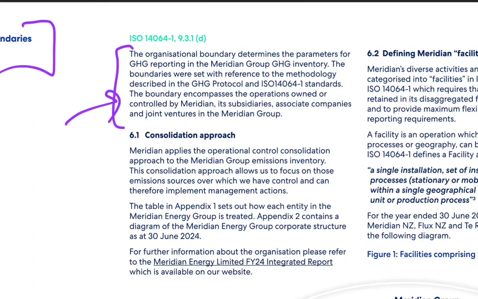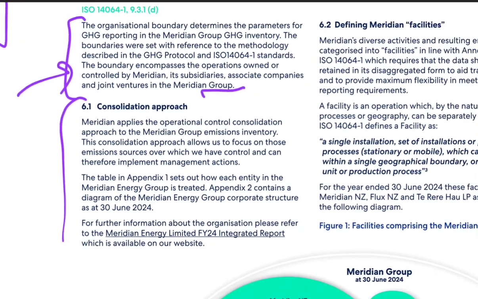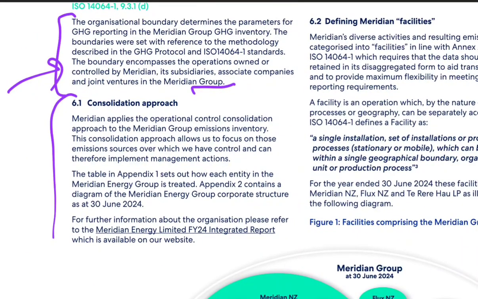So these boundaries cover operations owned or controlled by the group, Meridian Group, and its subsidiaries, associate companies and joint ventures in the group. So applying the consolidated approach, you see here the information about the operational control consolidation for the GHG emission group inventory.